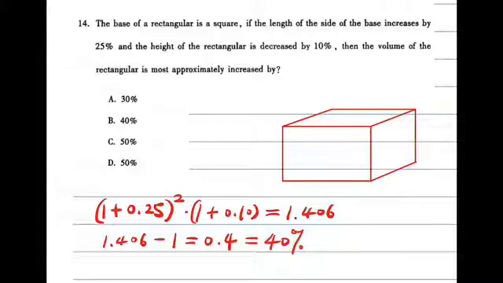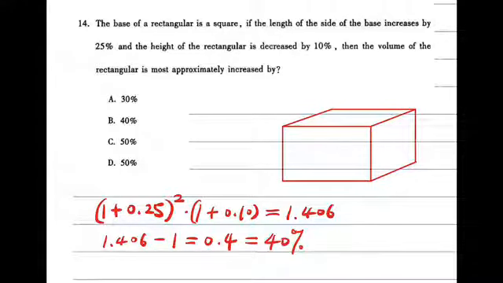Okay, question 14. It is the last question of the question set. And it is actually not that difficult as it looks. We all know how to calculate the volume of a rectangular prism. It is length times width times height. So when it comes to ratio, it is the same thing. We just need to multiply them all together.